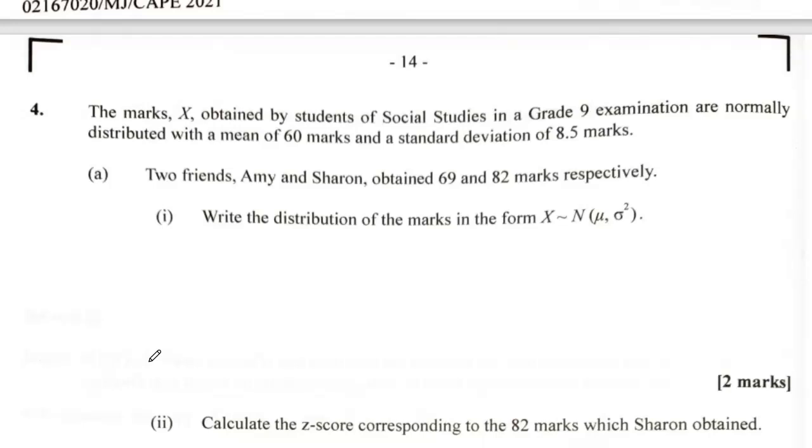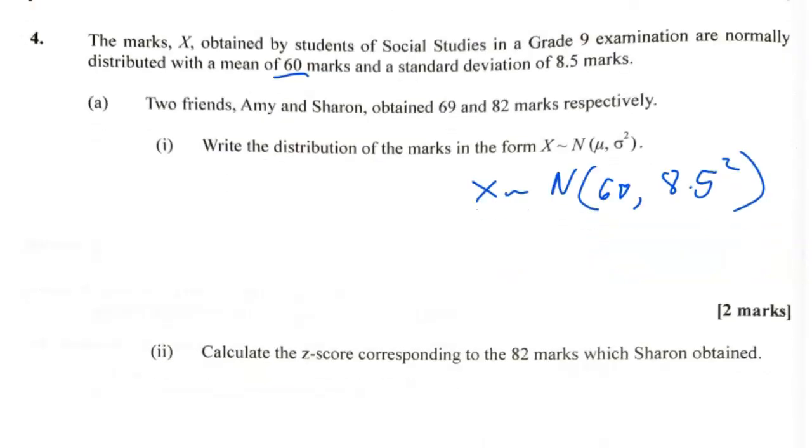Write the distribution of the marks in the form X is normal with mean mu, which they told us is 60, and sigma, the standard deviation, is 8.5, so 8.5 squared would be the variance.